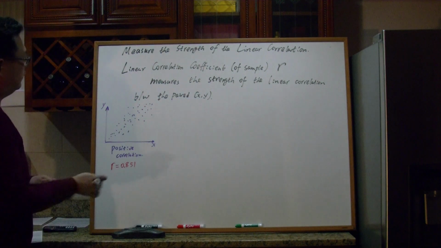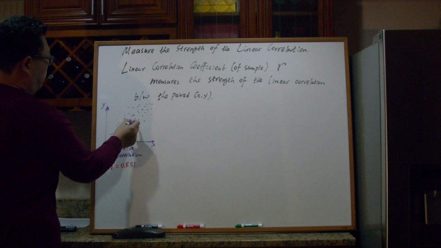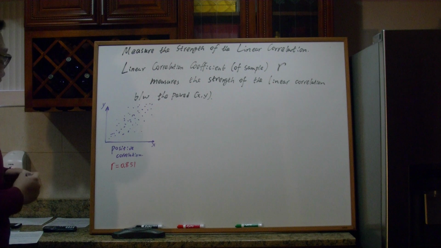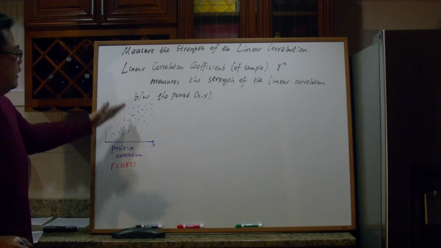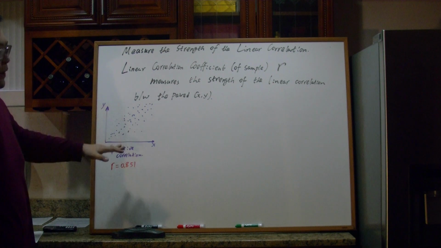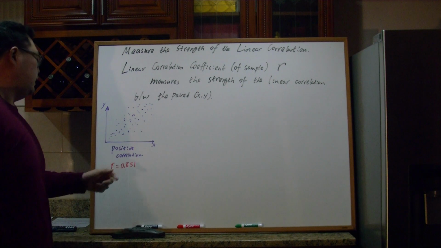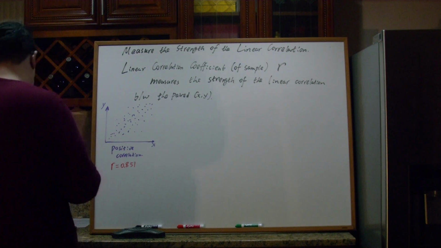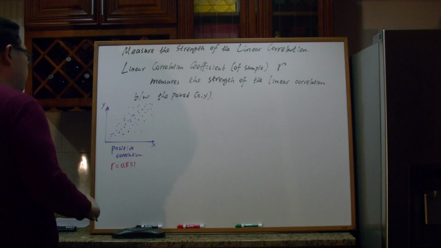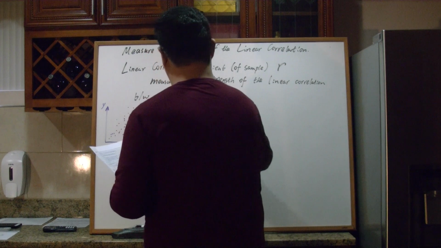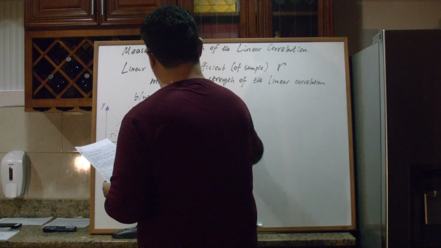Now we can see in the graph that, even though we see a linear correlation, the points are a little more spread out as x goes up. So r has the value of 0.851. We will see what values it can take.